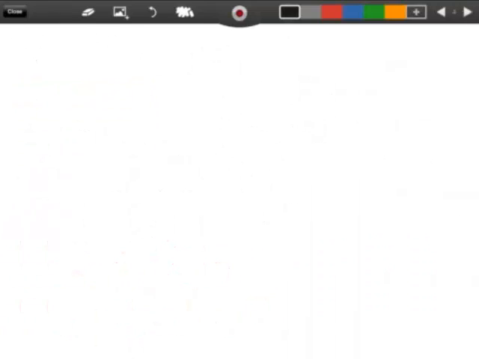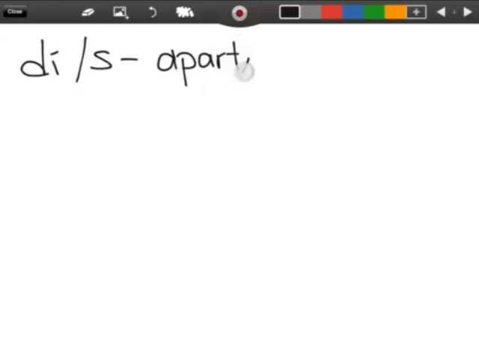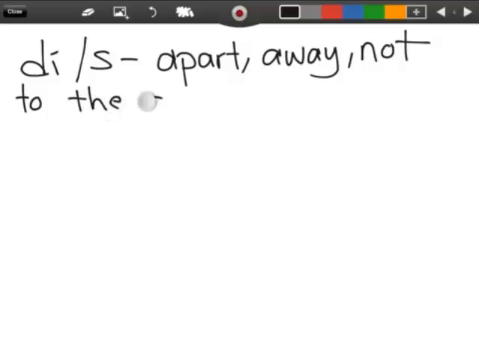Moving on to our next root, which is dis, meaning apart, away, not, and to the opposite. I'm going to give you two examples.